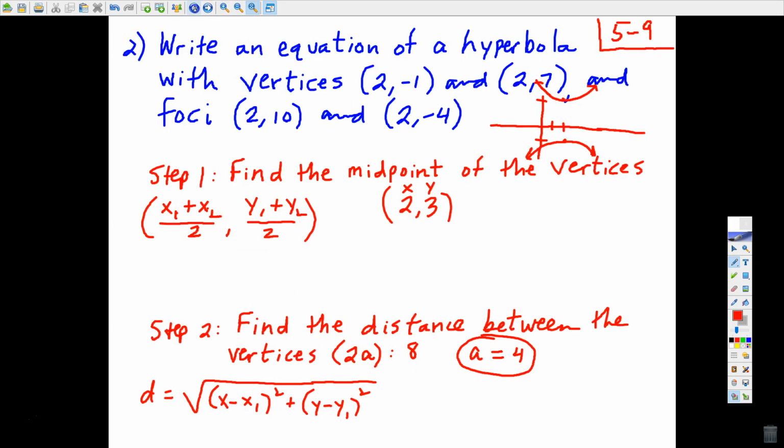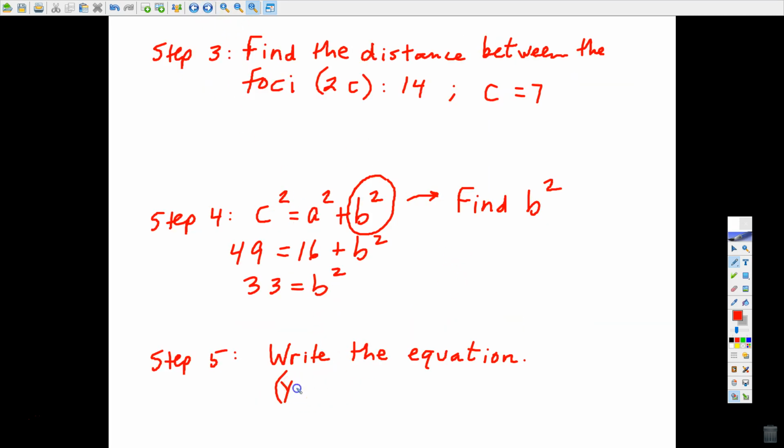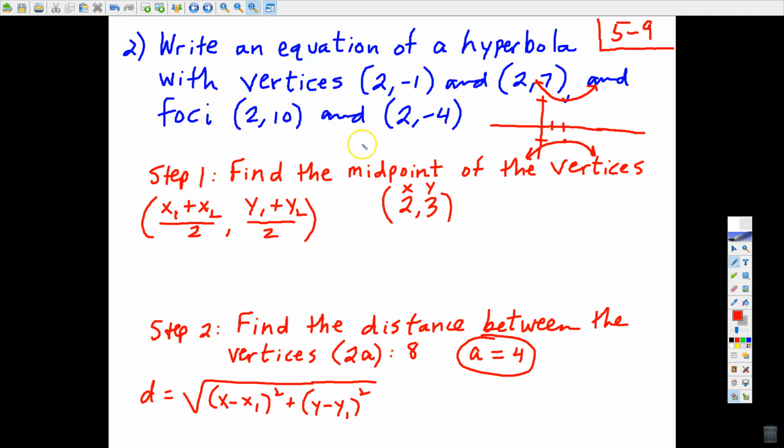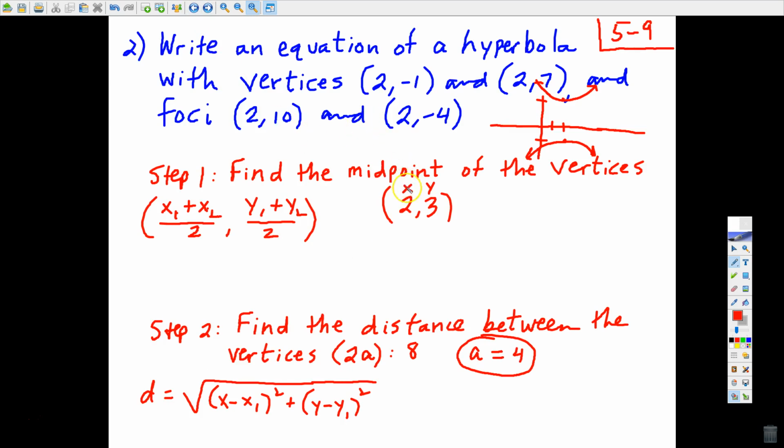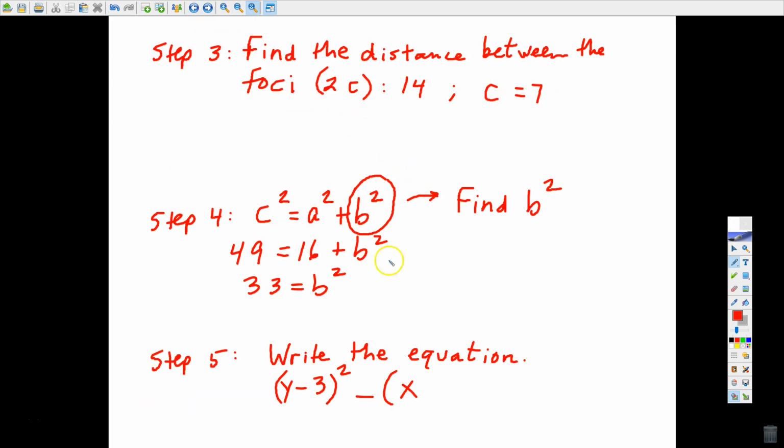I need to match up the y-coordinate with the y variable. So the first numerator is going to be (y minus 3) squared, minus, and now the x-coordinate paired up with (x minus 2) quantity squared. And remember, for hyperbolas, a squared is always the first denominator, b squared is always the second.